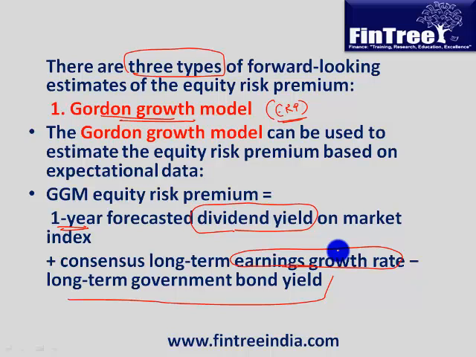So equity risk premium under the Gordon growth model is the dividend yield for 1 year, D, plus the long term earnings growth rate, G, minus the RFR.